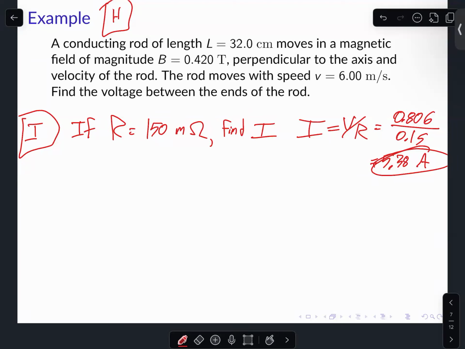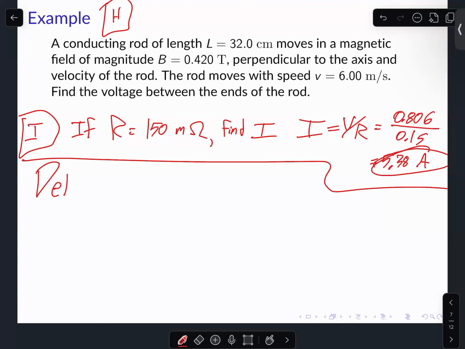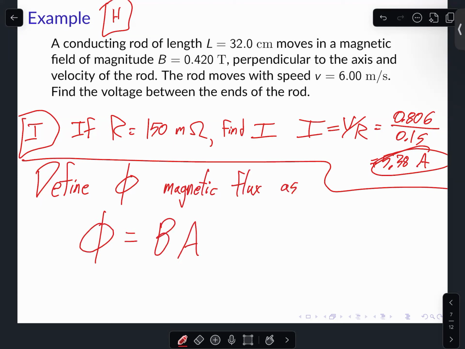What I am going to say is that I'm going to introduce a new term, define phi, magnetic flux. Magnetic flux encompasses just how much total magnetic field you have in a region.